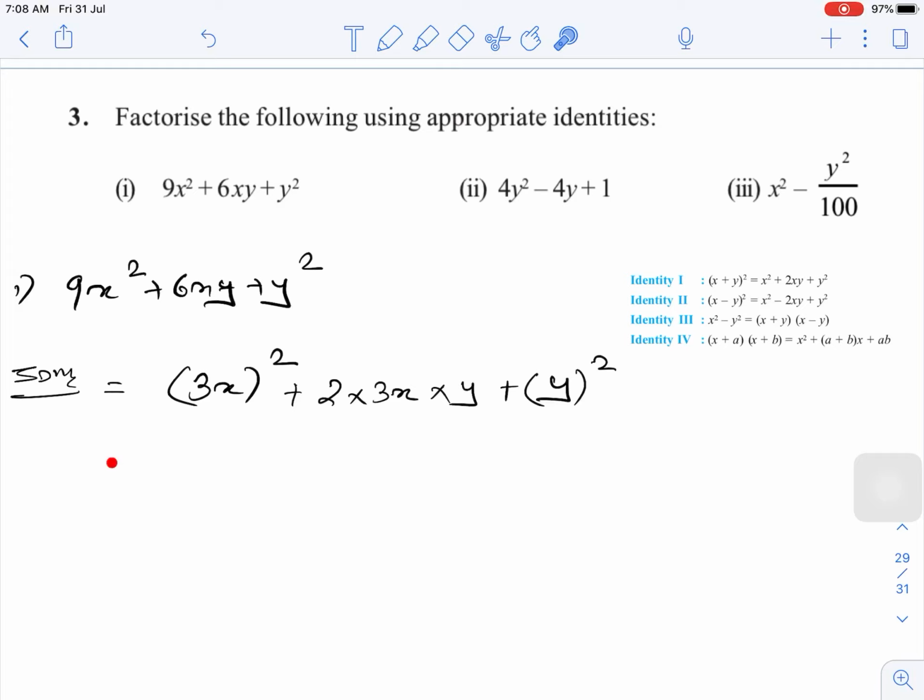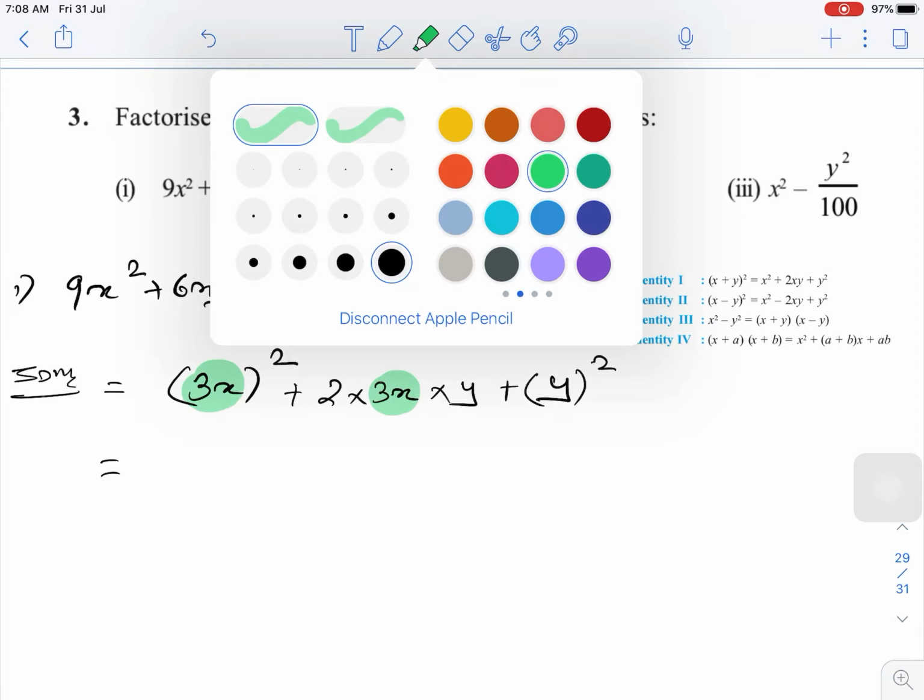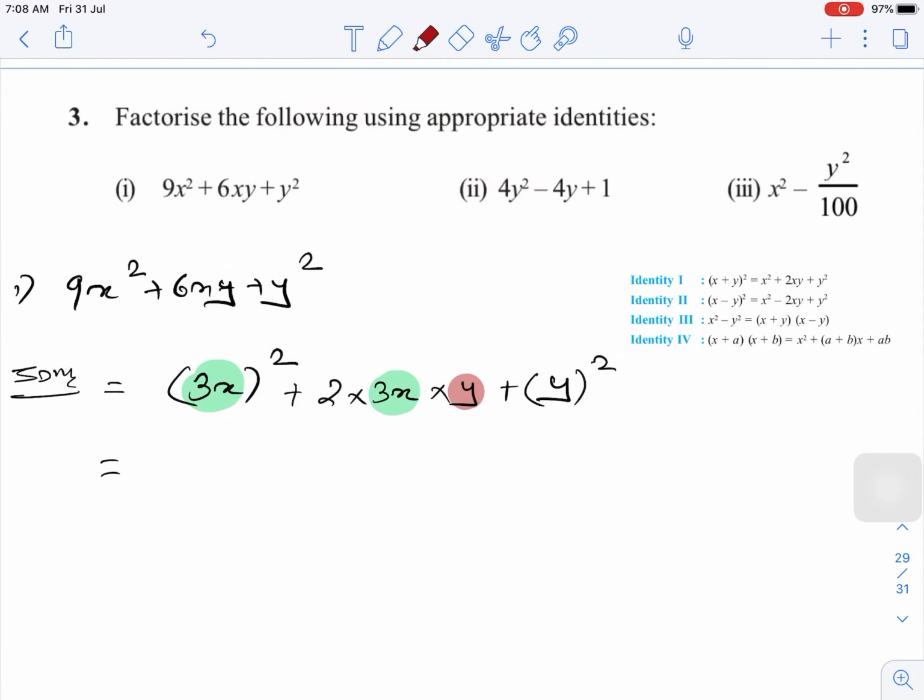Now if you look at this formula, this seems to be an identity. Which identity? First term square plus 2 into first term into second term. I am just highlighting this one. This is our first term, this is also our first term, and this one is our second term, this one is our second term.